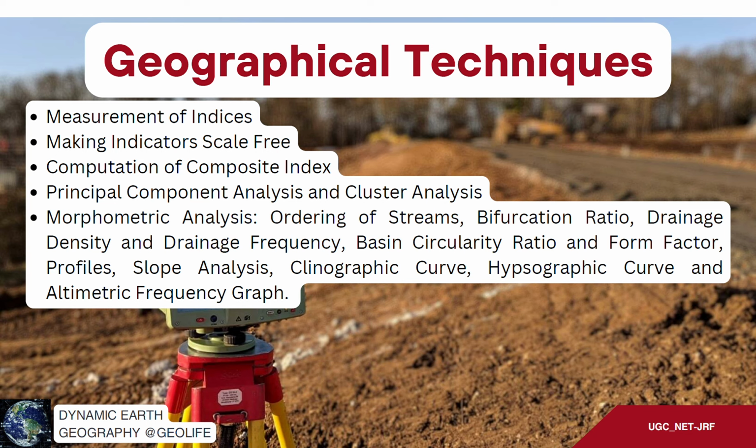Morphometric analysis includes the ordering of streams, bifurcation ratio, drainage density, drainage frequency. There are more morphometric parameters like basin circularity ratio, form factor, profile slope analysis, clinographic curve, hypsographic curve, and altimetric frequency graph, which are important topics in geographical techniques.